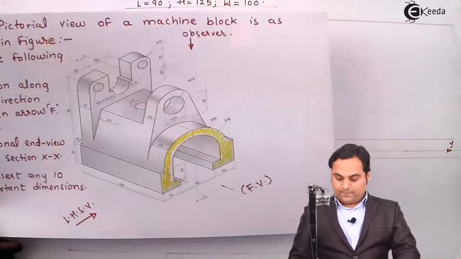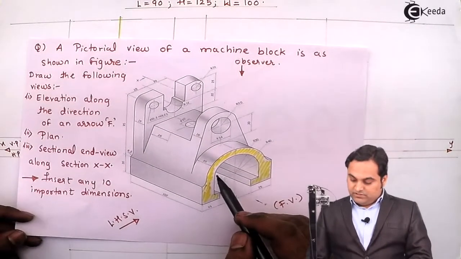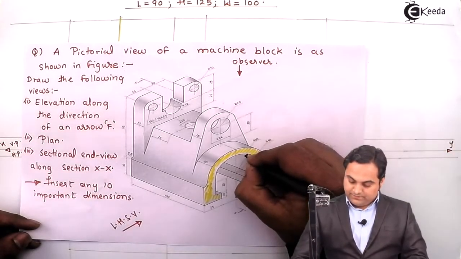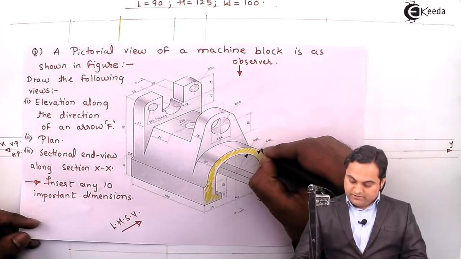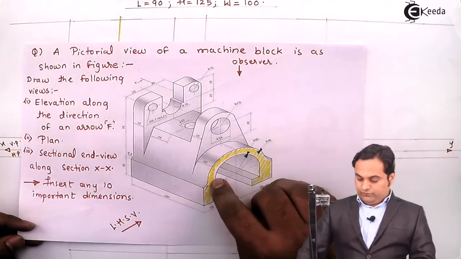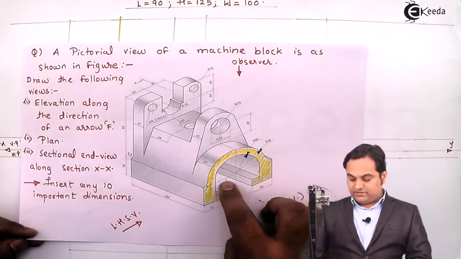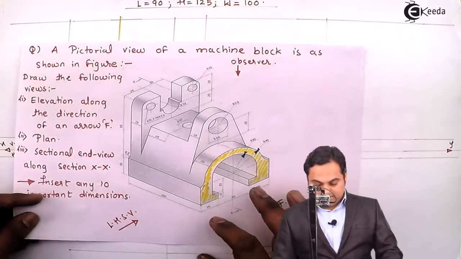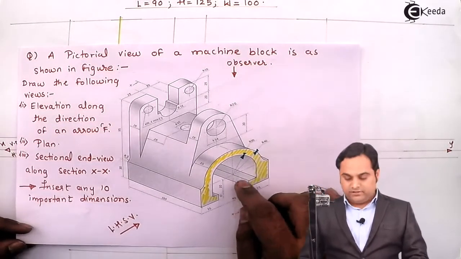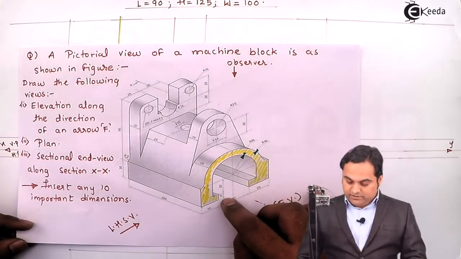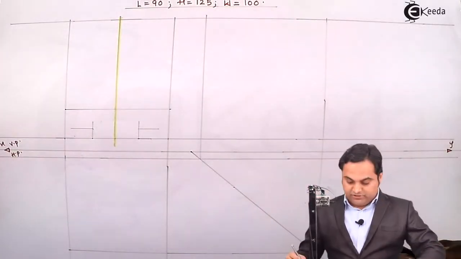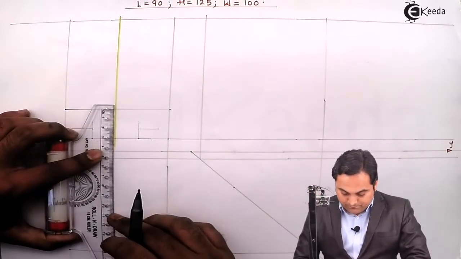And here, if I can see this, the semicircle, which is the inside semicircle, is having radius 30. Outside semicircle, radius is 40 mm. So for the inside semicircle, if the radius is 30, diameter is 60 mm. And next, first I locate the center for this semicircle. It is 10 plus 20, that is 30 mm height from bottom. So measuring 30 on this center line.